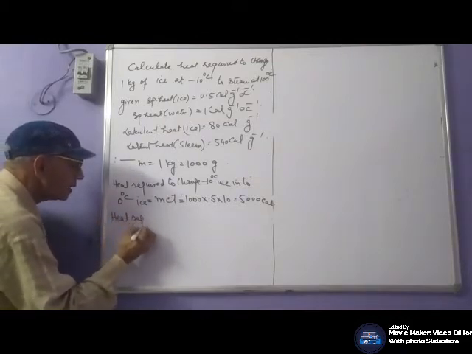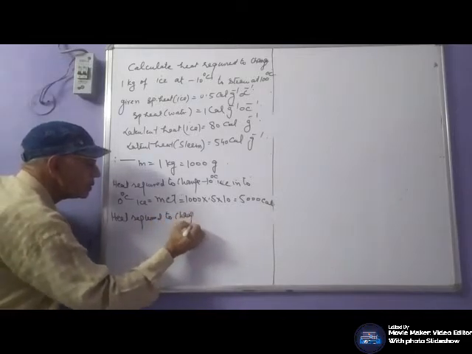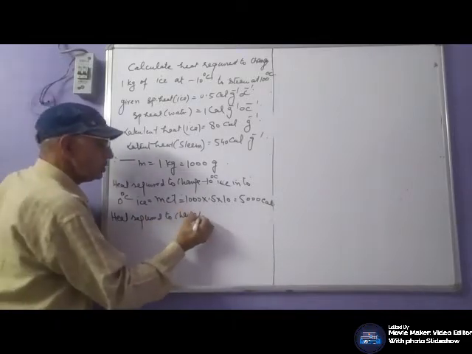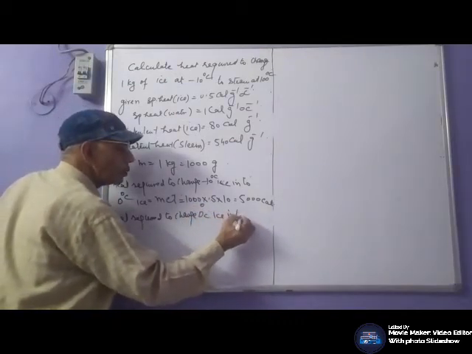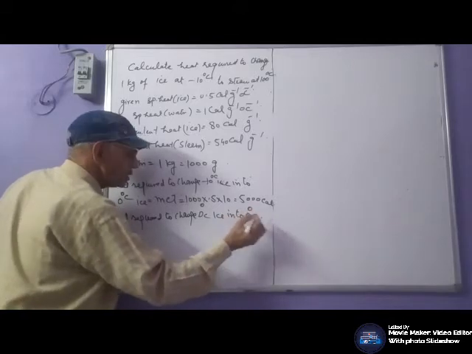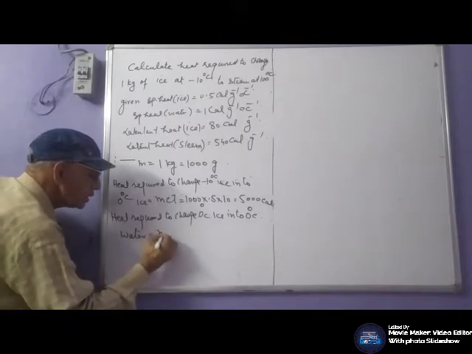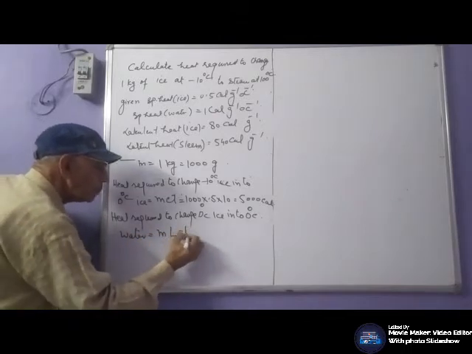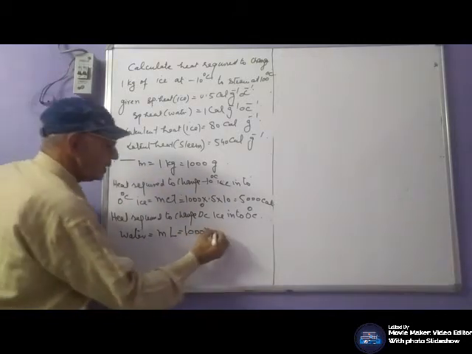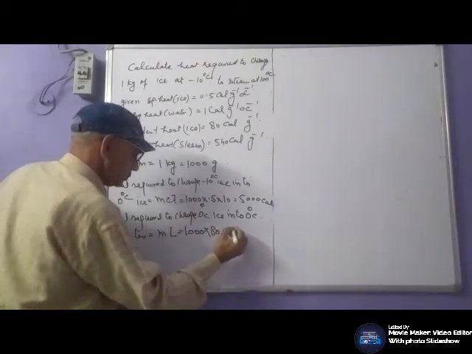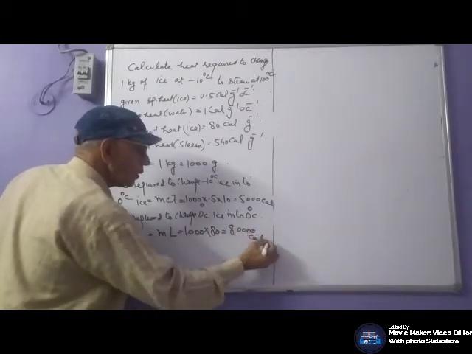Heat required to change 0 degrees Celsius ice into 0 degrees Celsius water. Change of state, it is mL. M 1000, L of ice 80, so 80,000 calorie.